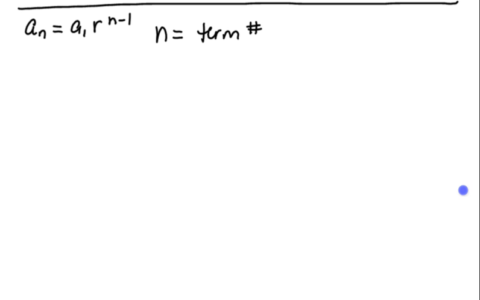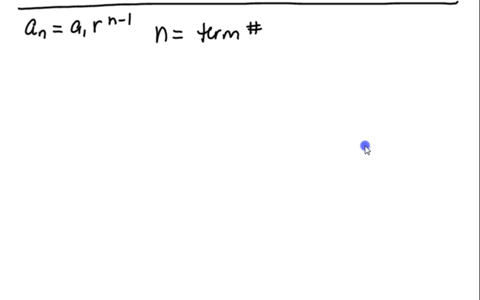Okay, so let's look at this last question, which was an explanation question. There was a little glitch in what I wrote down. I meant to write down the formula for a geometric term, just like that, without the negative, but with the A sub 1 in here. N is the term number, so if I want to find term number 100, for example, I would make N 100. So it's the number of the term.